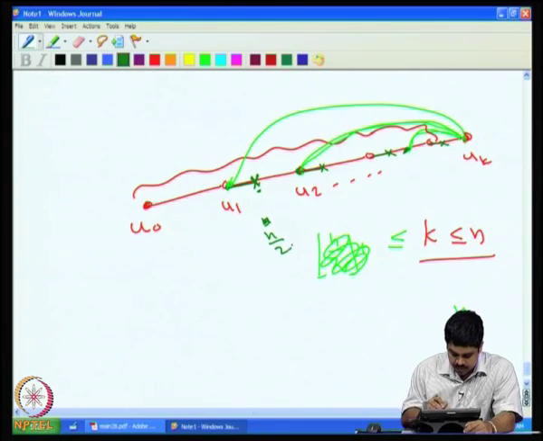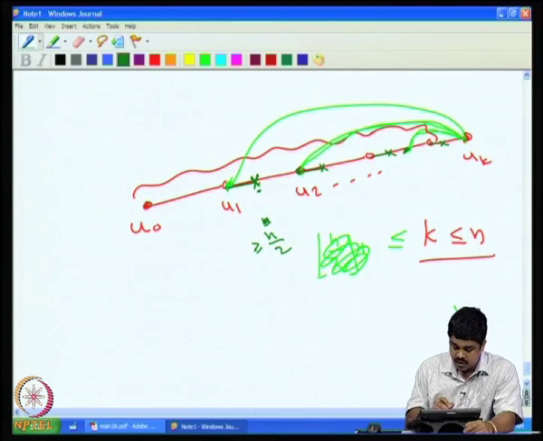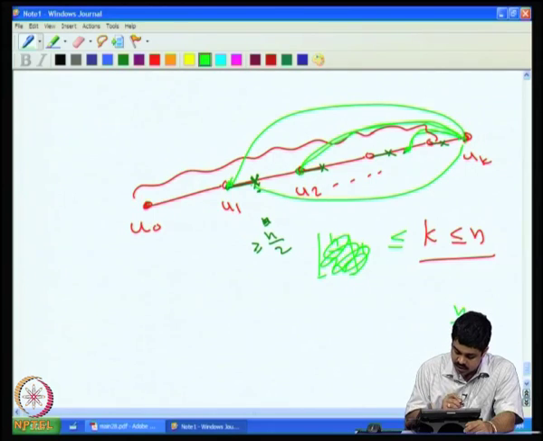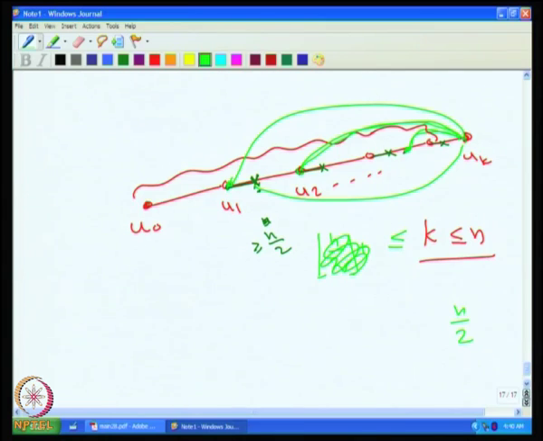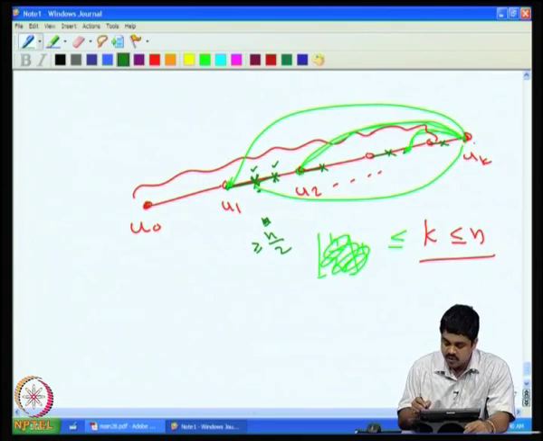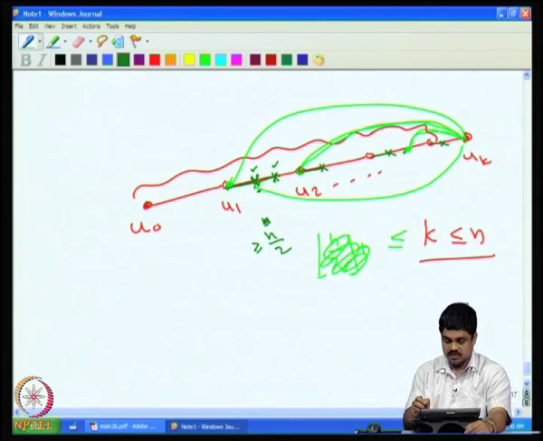So there are at least n by 2 or more, because there are n by 2 neighbors and each of them has such a vertex. We are not saying there will not be a green edge from those, but we are just collecting those vertices which are just after a neighbor of uk. If there are two such cases, we will collect both. So I am collecting all the vertices which are just after a neighbor of uk, and there are at least n by 2 or more such vertices.